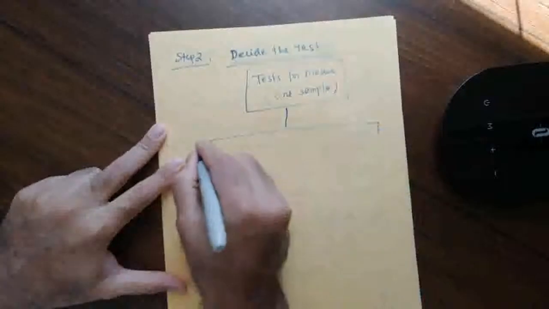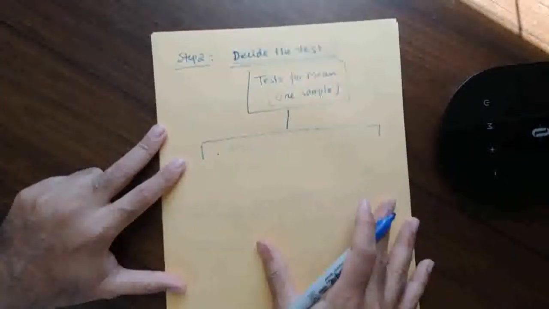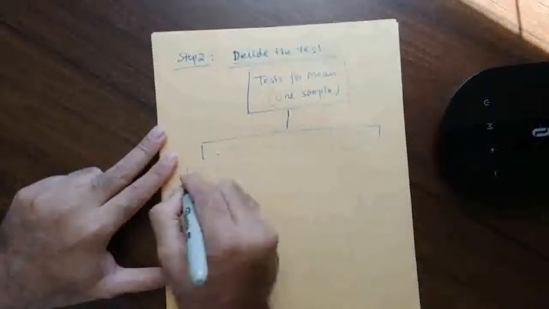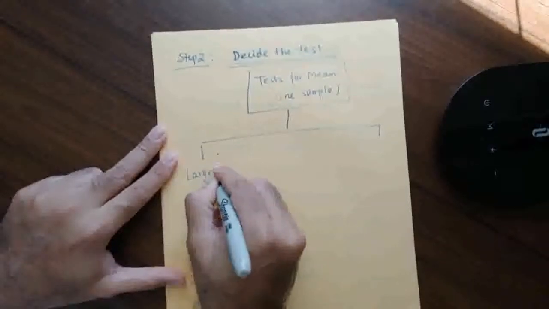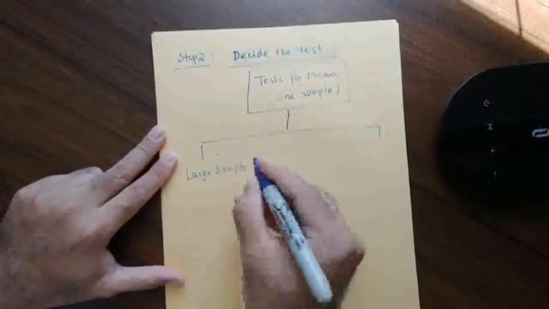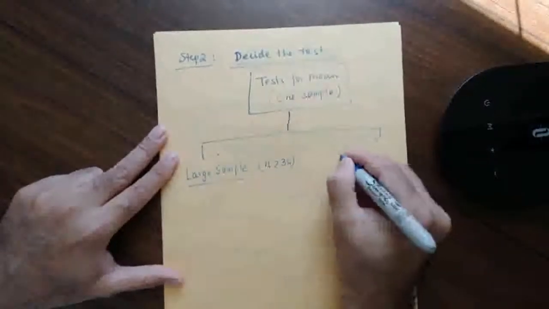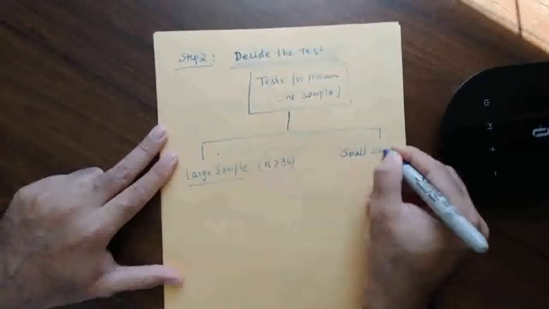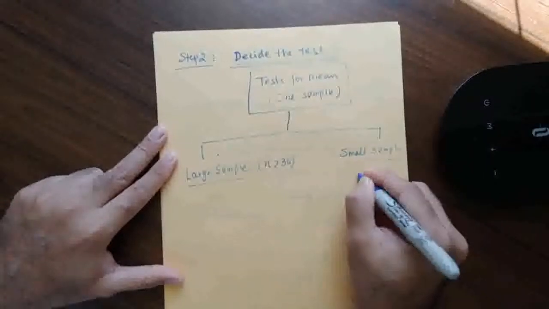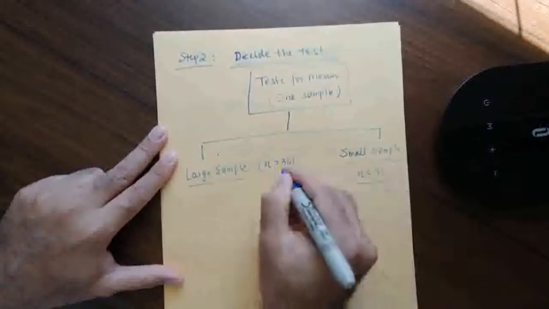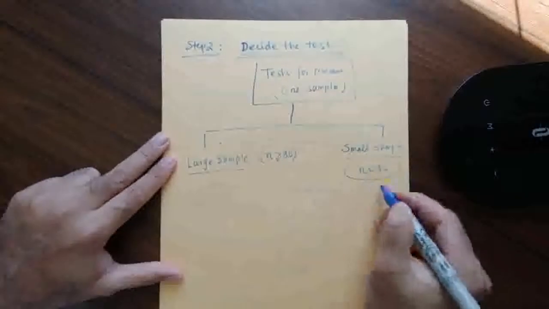Question is what are the two different tests there are? One is for large sample. Typically that means for this class n is bigger than or equal to 30. Another is for small sample. For this class, this means n less than 30.